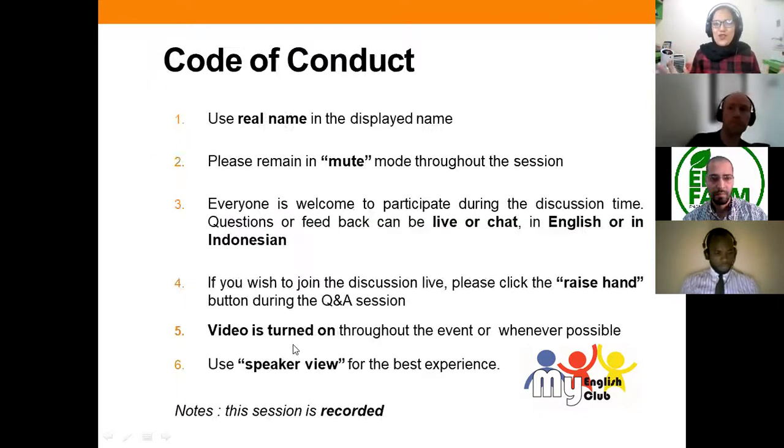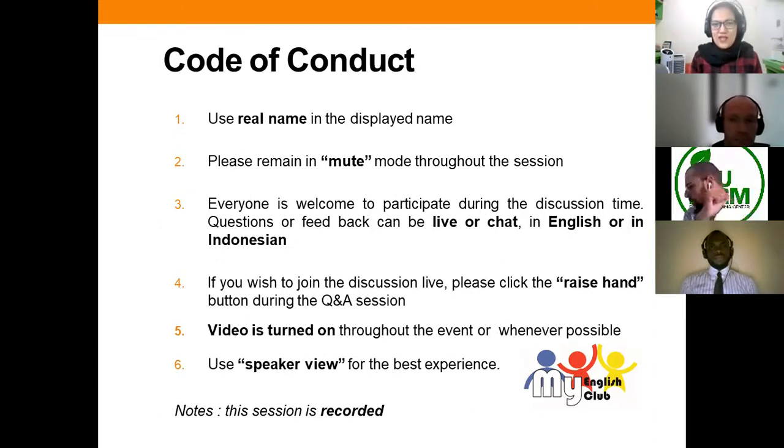The very last thing before we start: there is a code of conduct to ensure that everybody gets the best experience during the discussions. Please display your real name and please remain muted throughout the discussions. Everyone is welcome to participate during the discussion time. You can give feedback or questions, or even tell us your own teaching stories and experiences, whether live or in chat.